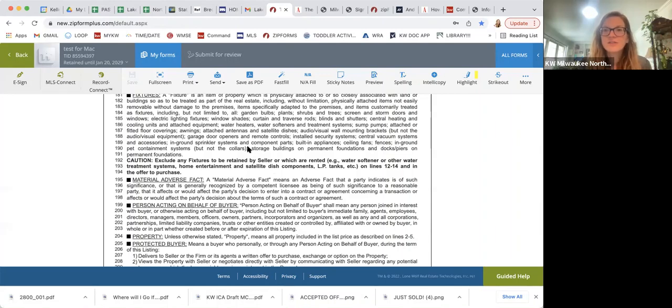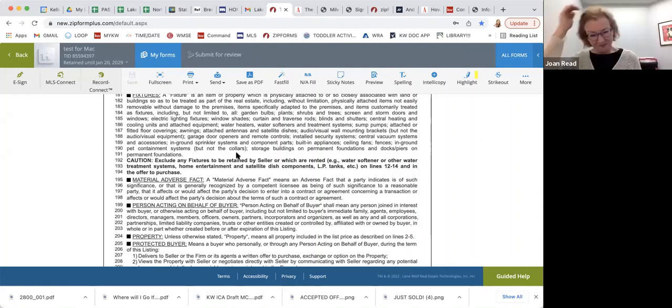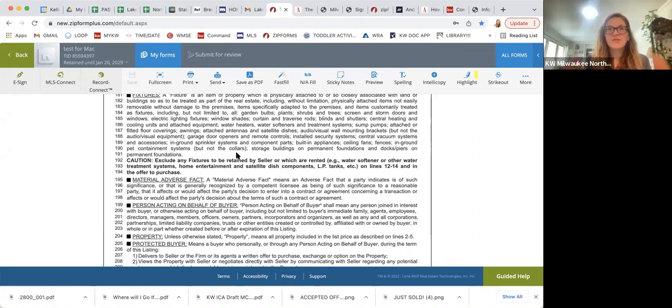Another, again, I like to recall examples of where there's been some contention. We had an example a couple of years ago of a bar that was in a basement that looked, I mean, it was a part of the room. It made the room, it was set up as a bar.